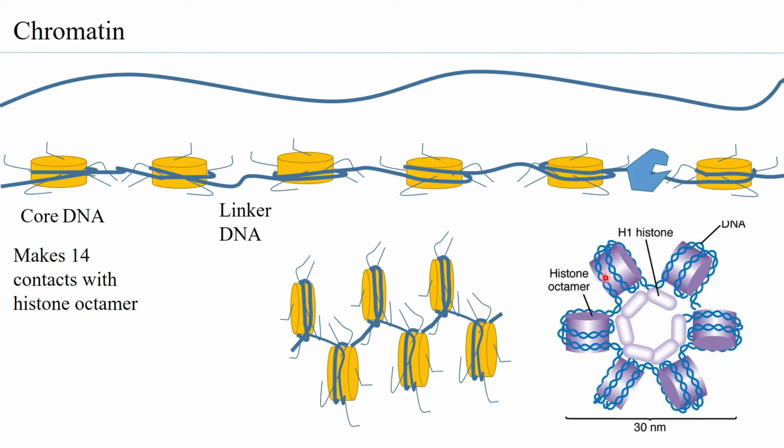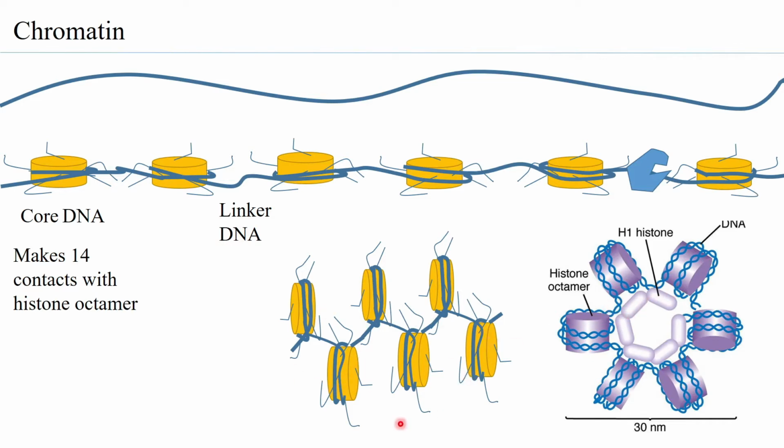That looping of the 10 nanometer fiber is because of histone 1 binding to the linker DNA regions very close to the core DNA, so it is almost like histone 1 collars the core DNA. That binding of histone 1 is able to bend the DNA in order to form a circular structure. So a loop that is formed is thanks to histone 1.